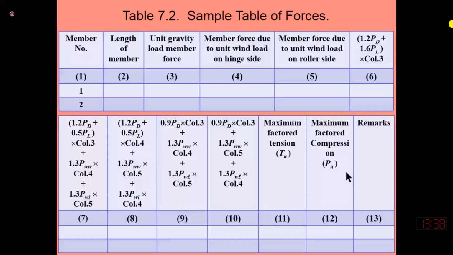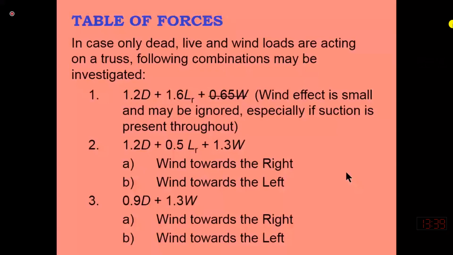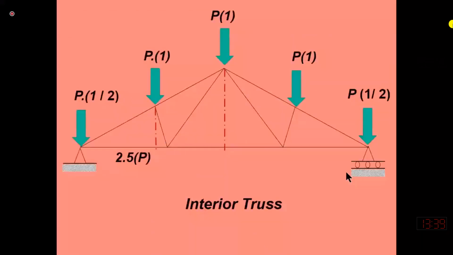Here, for example, take this truss. In this truss, you can give numbers: this is member 1, member 2, member 3, this is member 4, this is member 5, 6, 7, 8, maybe 9, 10, and onward.